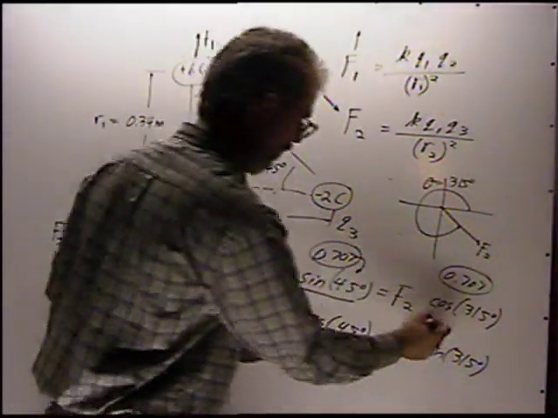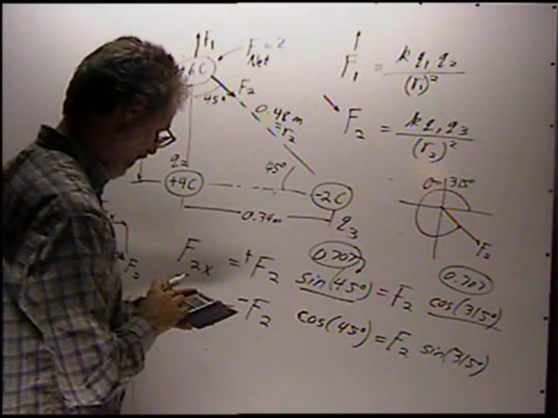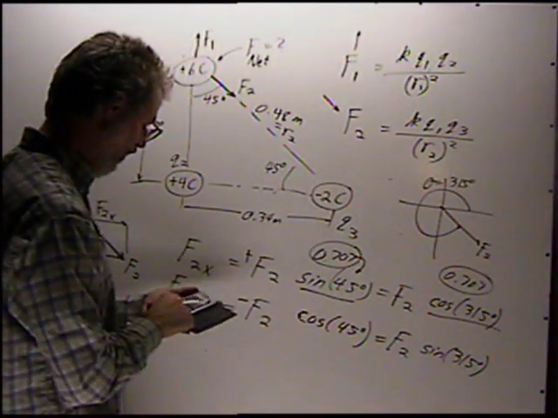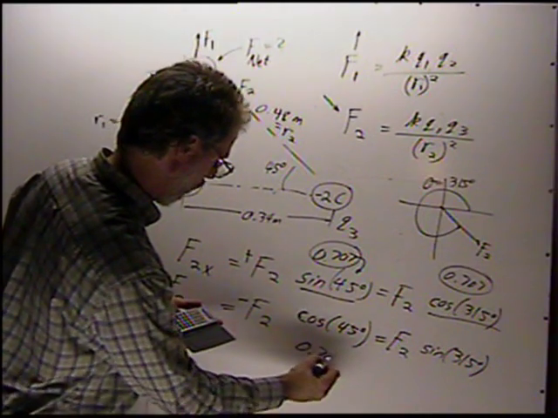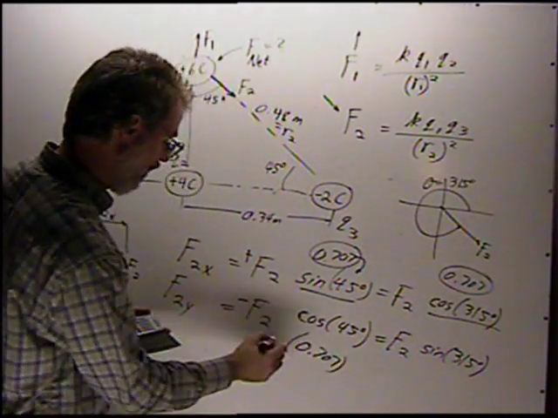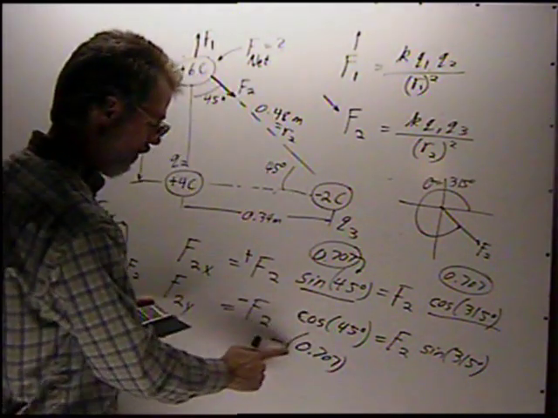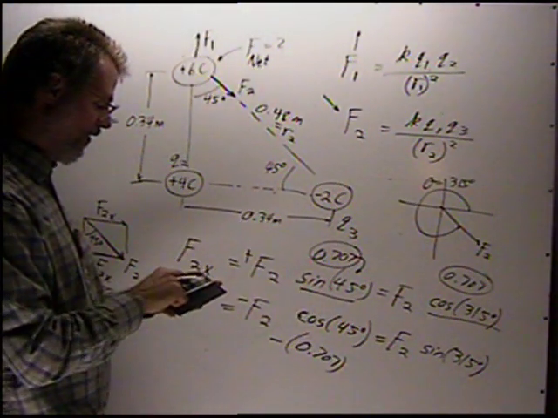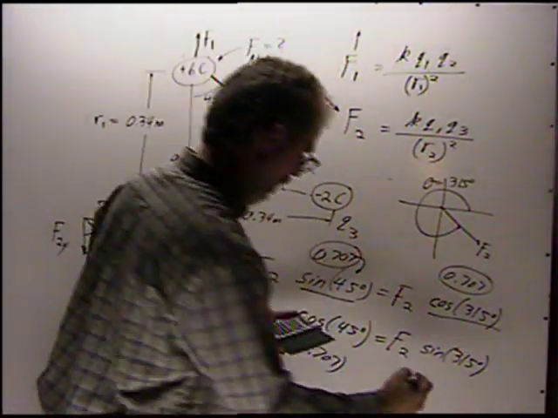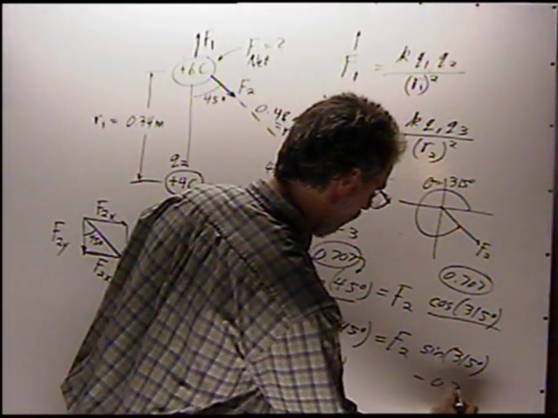Now, if I take the cosine of 45 degrees, I'm also going to get the same number. Now remember, I have a negative sign here. If I take 315 and take the sine of that, I'm going to get a negative 0.707.